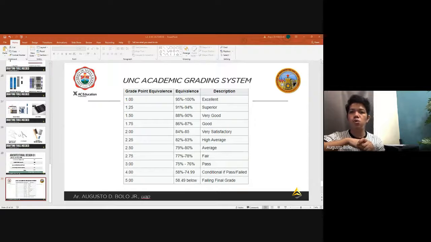Although, reason ko kung bakit pinasubmit ko yun sa inyo on email and messenger, kasi at least hindi nyo pa gamay yung Google Drive. Ang daming first-timers sa inyo. So for the meantime, I accept it. But for learning activity number 2 up to 18, it's via Google Drive. Okay? Questions?